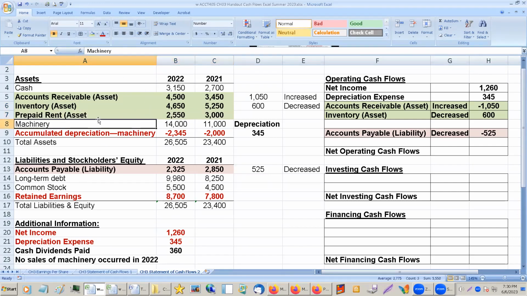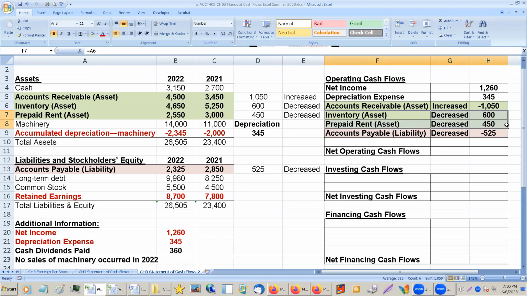Okay, prepaid rent is an asset. It went down, it decreased. And again, this is an asset, so I think I can just copy this down. Hey, woohoo. It decreased, so the cash goes up.